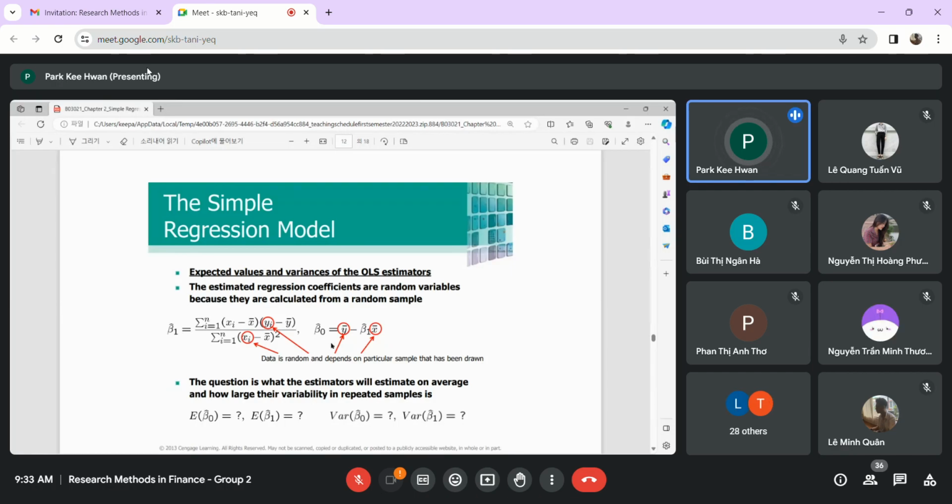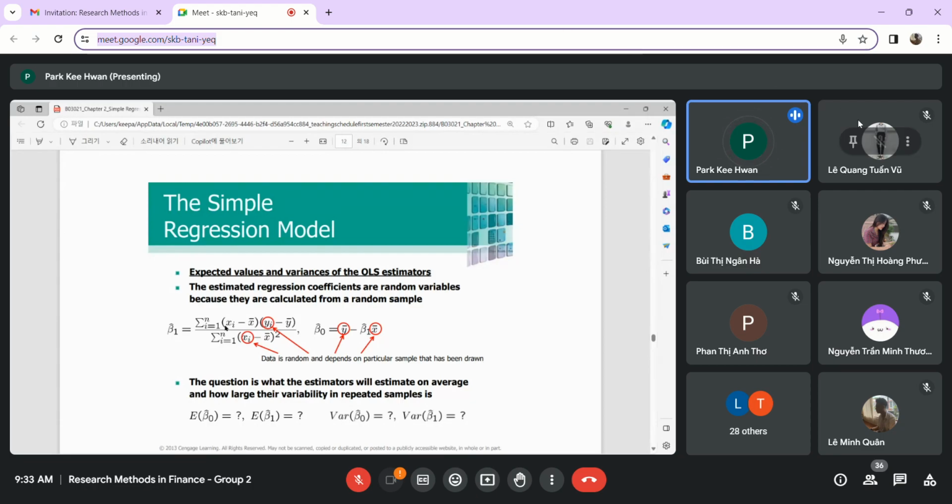beta 1 hat and beta naught hat. Okay, so this is what we call the OLS estimate of the simple regression model. And remember how we derive this expression.